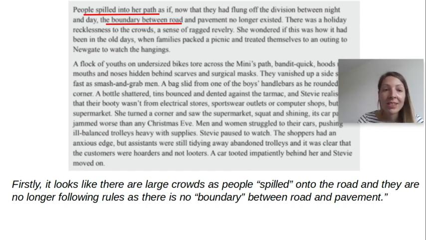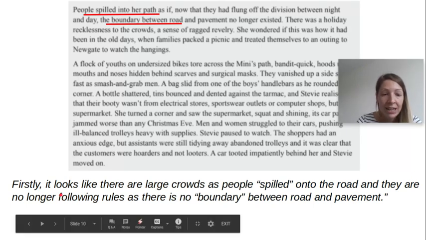"People spilled onto her path as if now they had flung off the division between night and day, the boundary between road and pavement no longer existed." So I've chosen there 2 quotations that I think show what type of setting it is. Now look at how I'm going to answer this question. Here it is at the bottom.